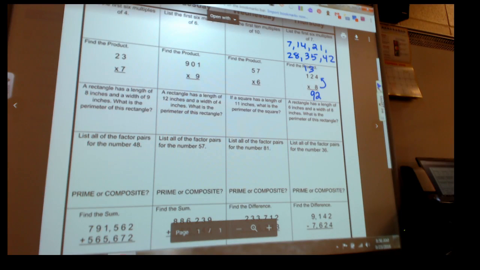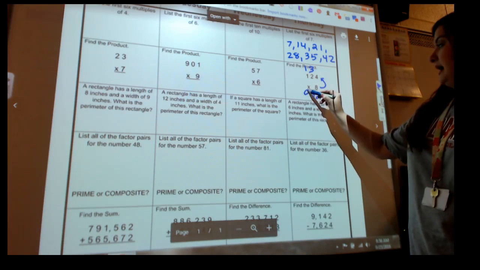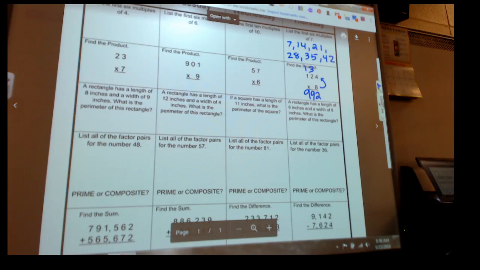All right, where did that bubble go? I don't know. Some people lost it. So guys, if I were saying this in a sentence, how would I say it? The product of 124 and 8 is 992. When we say it this way, we say is, not equals, is.